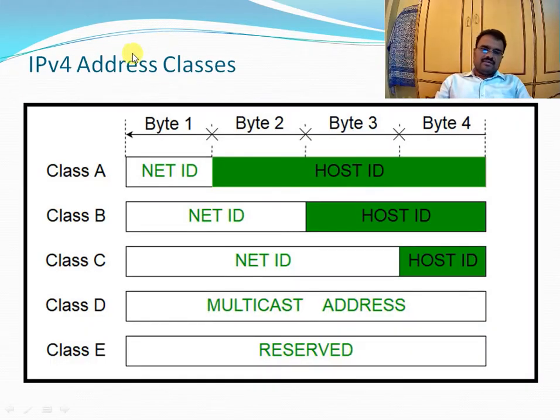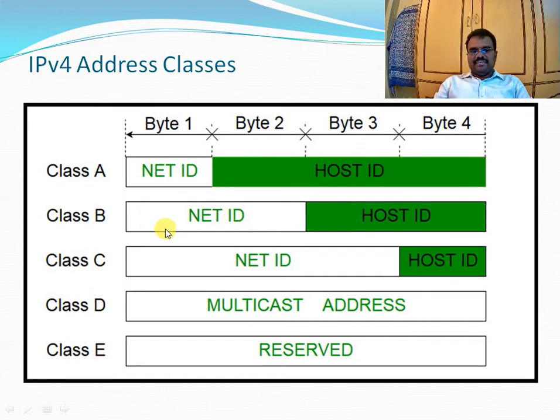So here these are the classes, class A, B, C, D and E, and there are 4 bytes, nothing but 32 bits. In class A, byte 1 is used for identifying the network, and the remaining bytes 2, 3 and 4, nothing but 24 bits, are used to identify the host in that network.